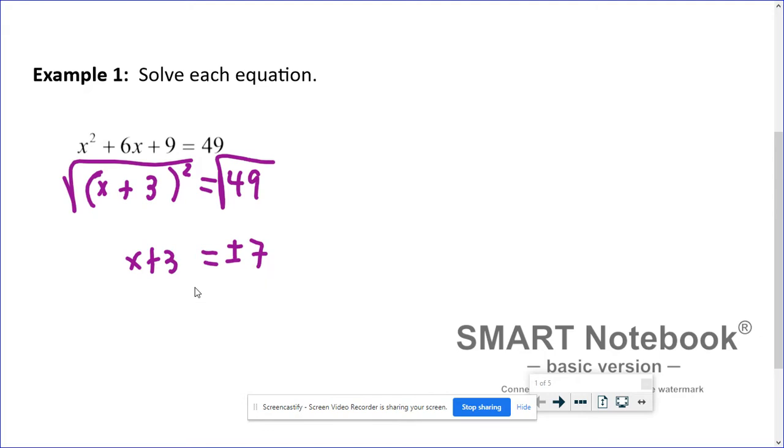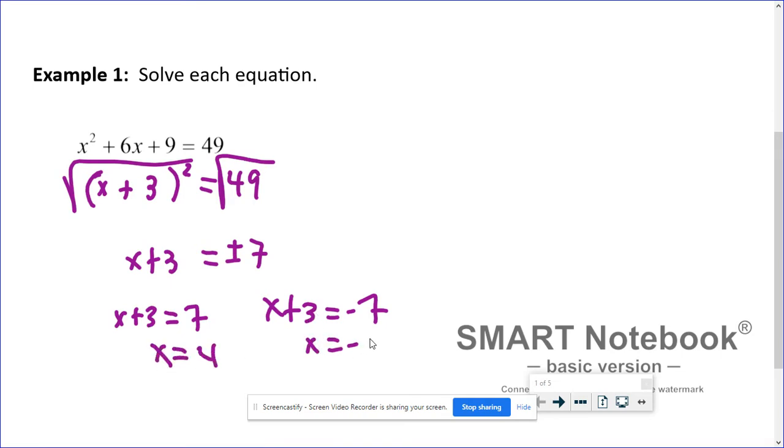So then you've got two different answers. You've got x plus 3 equals 7, and x plus 3 equals negative 7. Subtract 3, you get x equals 4. Subtract 3, you get x equals negative 10. So your two solutions are x equals 4 or negative 10. There you go.